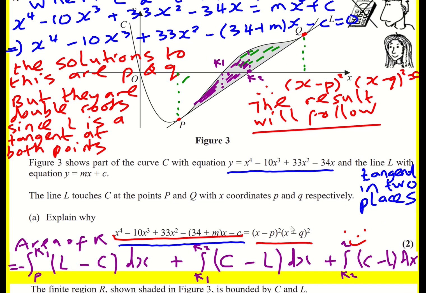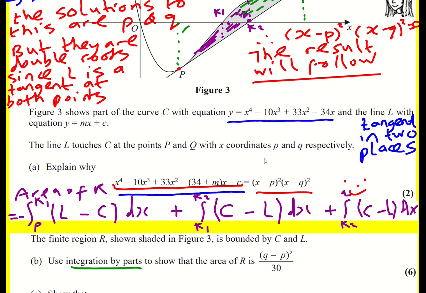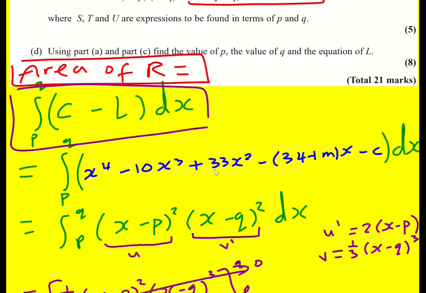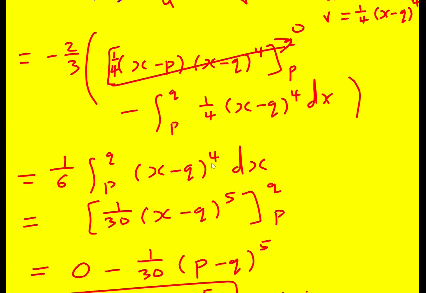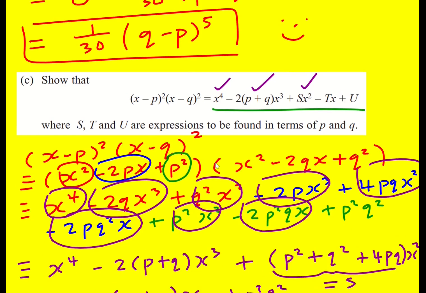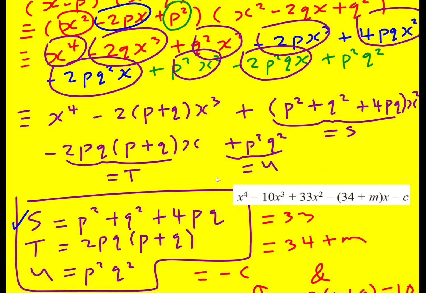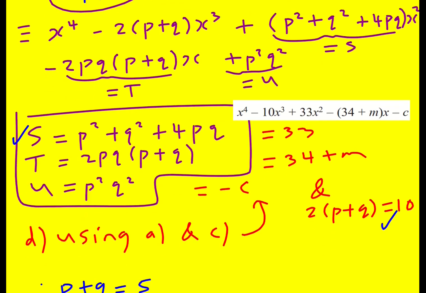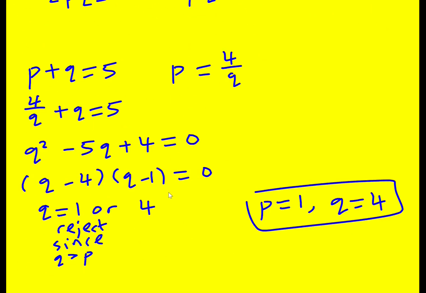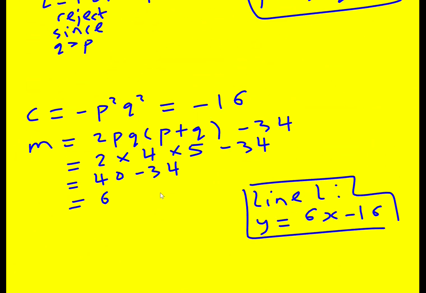And then we actually found P and Q not by solving a quartic equation or anything like that. We didn't even know the equation of the tangent, did we? But by expanding the brackets, equating them, and solving a set of simultaneous equations, essentially. So I really like that, really different. Because it's so different, that's what I suppose makes it somewhat challenging. Part B with integration by parts is probably the most challenging, but I hope you enjoyed that question. There's a lot to it, isn't there? But it's a good one.